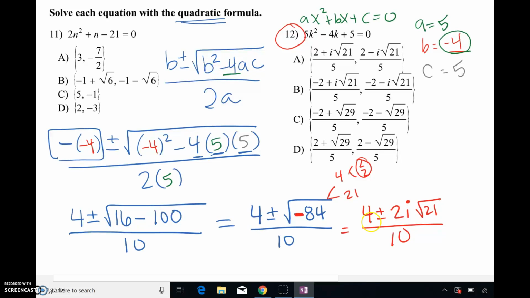What number goes into 4, 2, and 10? 2. So I'm going to simplify by a 2 here. I'm going to get 2 plus or minus i radical 21 over 5.